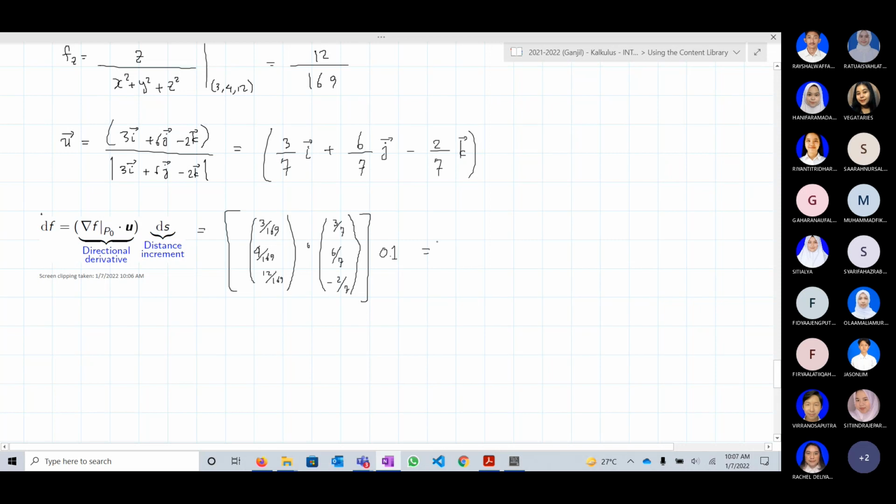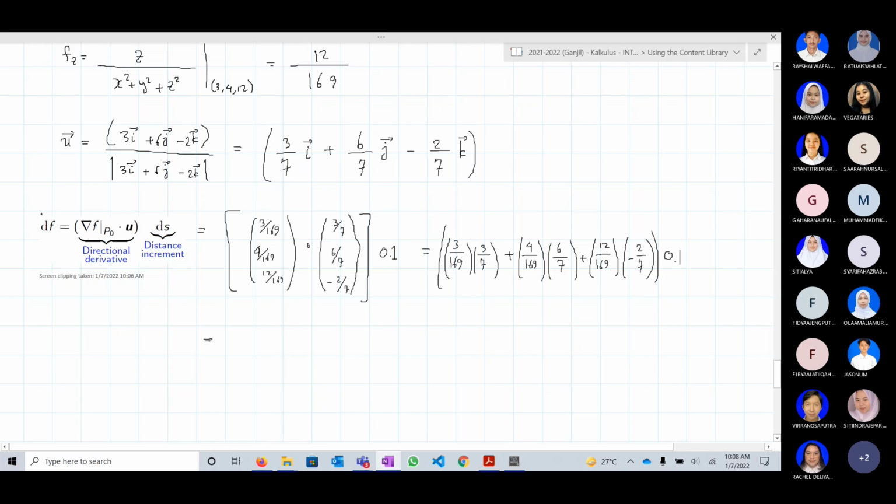Which in this case we have 3 over 169 times 3 over 7, plus 4 over 169 times 6 over 7, plus 12 over 169 times minus 2 over 7, times 0.1.